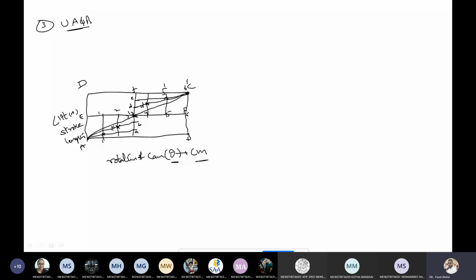Now whatever the points you got, 1 dash, 2 dash, 3 dash, 4 dash, 5 dash, 6 dash, connect all the points by freehand. So I'm connecting here by freehand, drawing the dark line here.